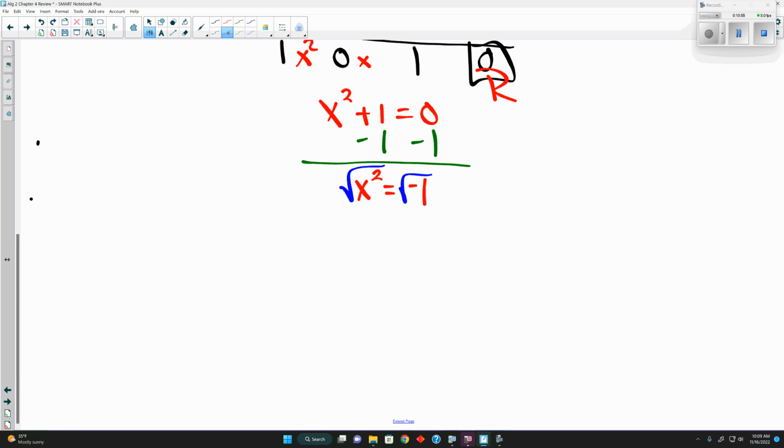Square root both sides, telling us x is equal to plus or minus the square root of negative 1. What's the square root of negative 1? i, because i is by definition the square root of negative 1. So we do have plus or minus i. We have 1, 4, and negative 5.